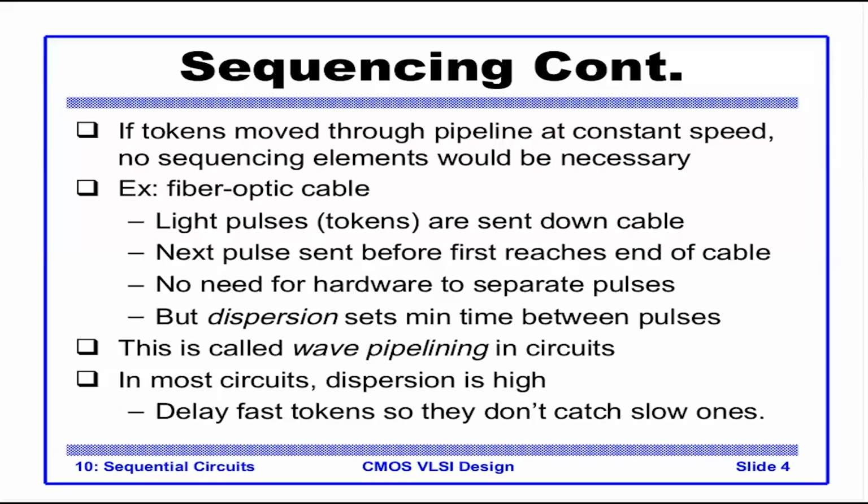You can say this is an equivalent of wave pipelining in circuits. In case of digital design, this type of inherent capability is not there. That is why we need extra hardware to make sure that the tokens transfer from input to output side in order. What this means is that we delay the fast tokens so that they don't catch the slow ones.